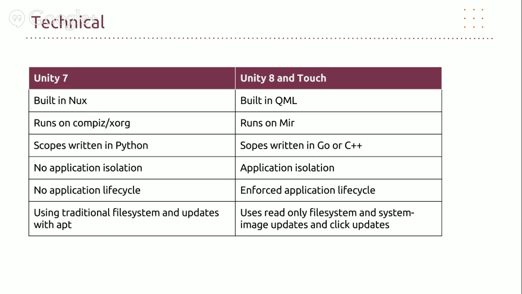Finally, there's this notion of the file system and doing updates with apt, whereas on Ubuntu Touch for phones and tablets, we use a read-only file system, which lets us use system image updates. We use click updates. So there's a very different way of laying out the file system and doing updates, and we have to figure out how to make these systems work together.